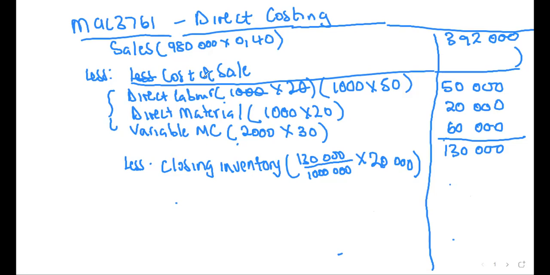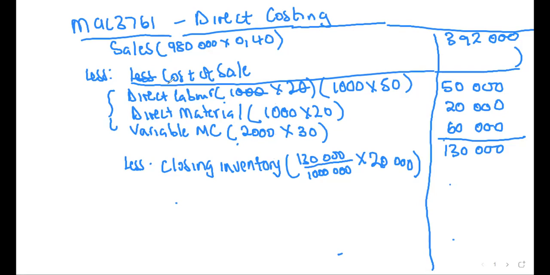Remember your heading. There is a difference between variable cost and variable cost of sale. If you put your heading as cost of sale, variable selling costs are not cost of sale. Am I right? So your heading here will tell you what to do. If you say less variable costs, it means you are going to include all your variable in this line.